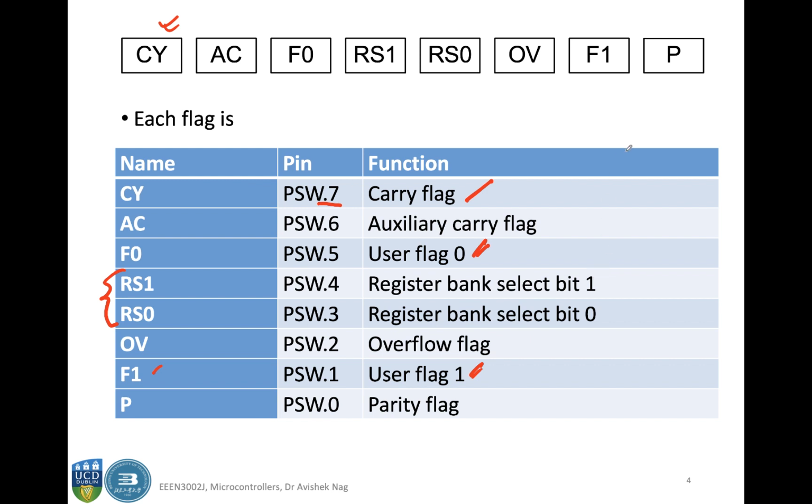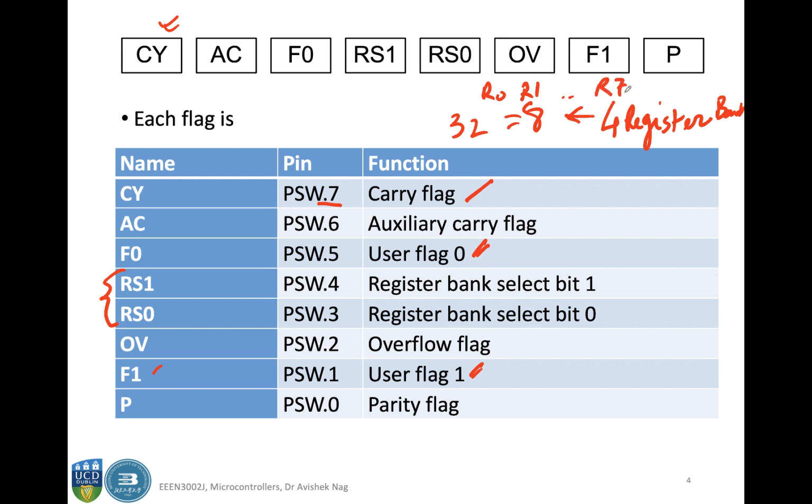So you remember there are 4 register banks in your 8051, and each of those register banks had 8 registers. So there were a total of 32 registers, right? The 8 registers are defined as R0, R1 up to R7.